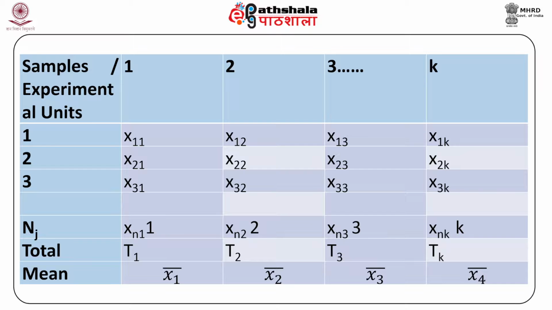In the last row of nj, we have xn11, xn22 up to xnkk. The sum total of the elements in each column is t1, t2, t3, and so on up to tk, and their means are denoted as x1 bar, x2 bar, x3 bar and so on up to xk bar.